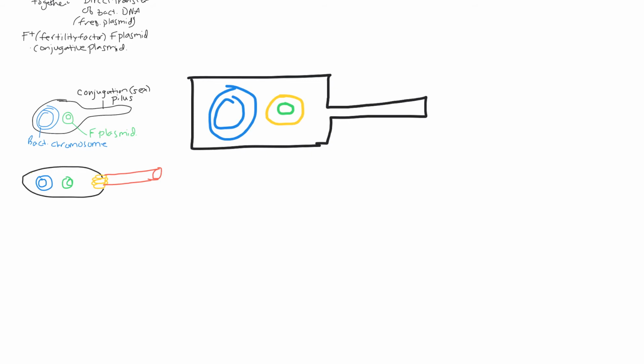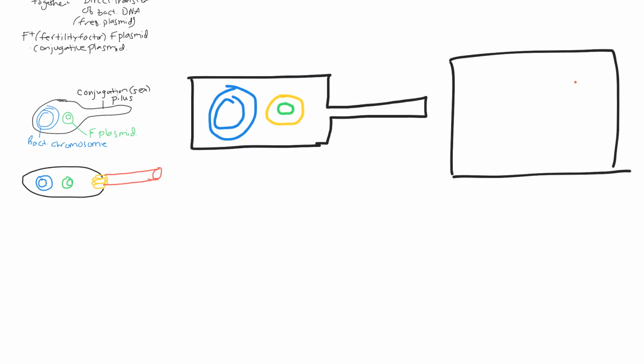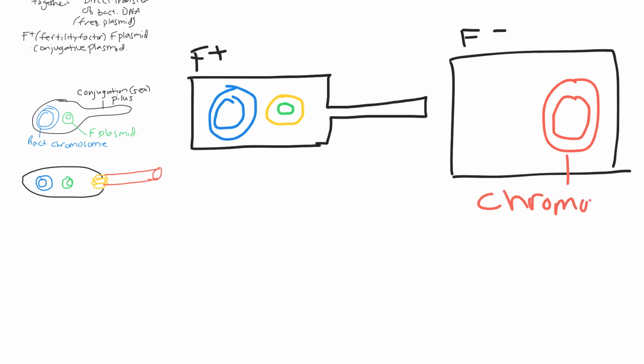And here's the other cell and its chromosome, double-stranded DNA. So this one is the F plus with the F plasmid and the conjugation pilus, and this is the F minus. You see that it does not have a plasmid. This is just its chromosome.